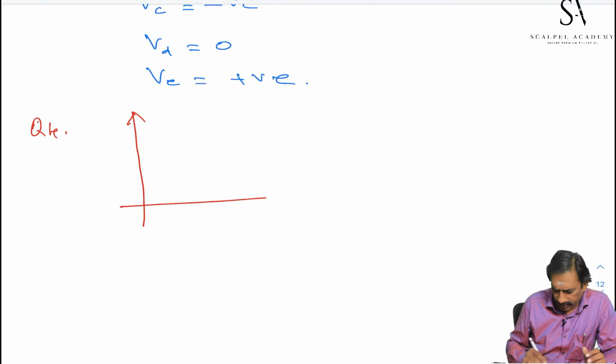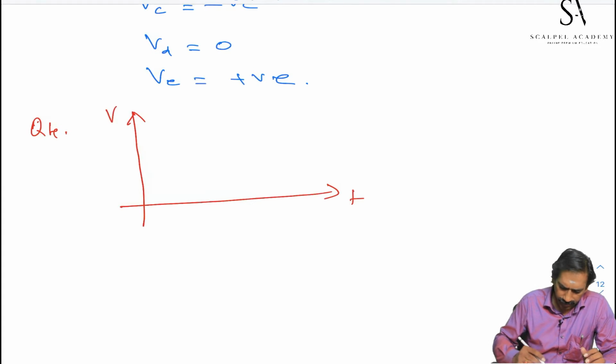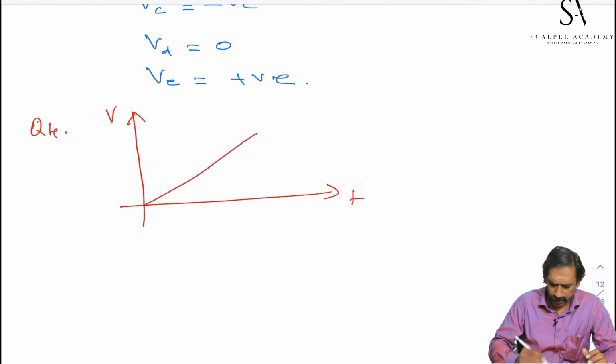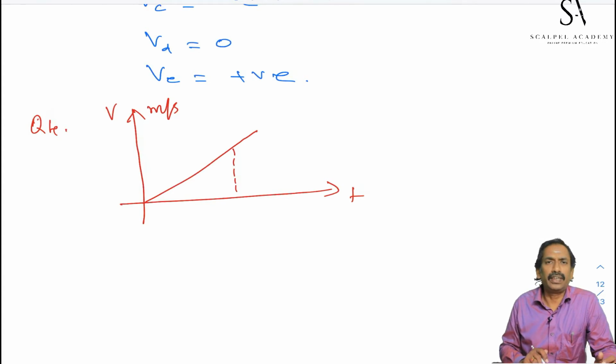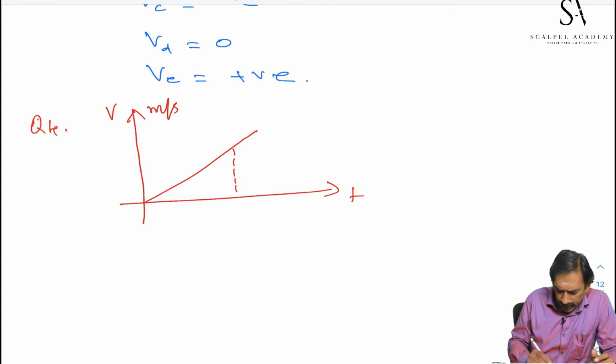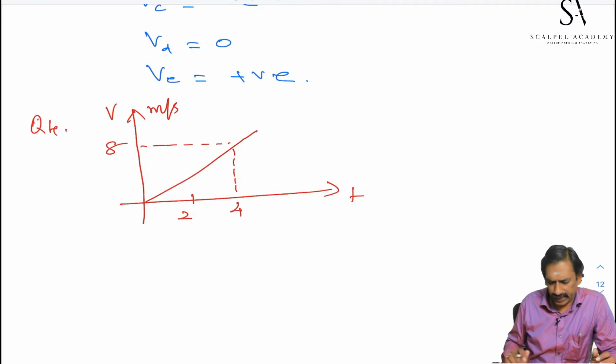This is the VT graph given to you. It passes through origin. Meter per second is the unit of velocity. Velocity mentioned on y axis is 8 meter per second. This is 2 second, 4 second.